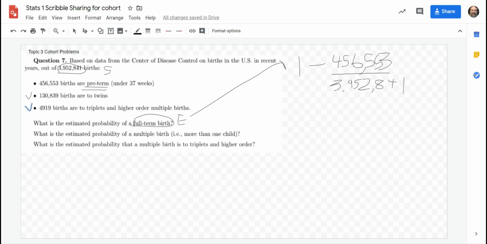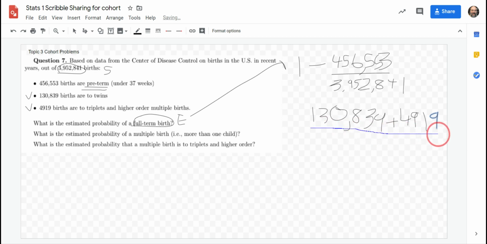So again, we take the frequency, that is the total number of twins, I'm sorry, and the total number of triplets and above. We add them together.